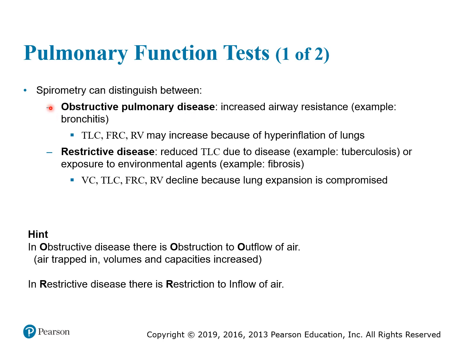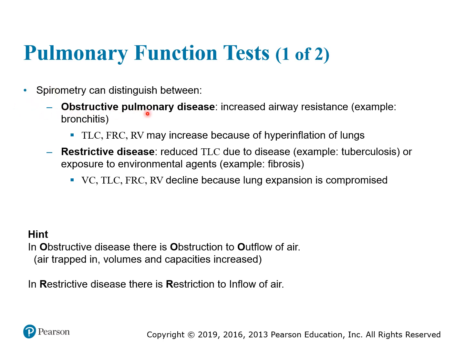So there is a group of diseases known as obstructive pulmonary disease, and then there is another group known as restrictive diseases. In obstructive pulmonary diseases, there is increased airway resistance, right? We said that under normal conditions, the resistance does not play a very big role. But when someone has a disease, the resistance does become significant.